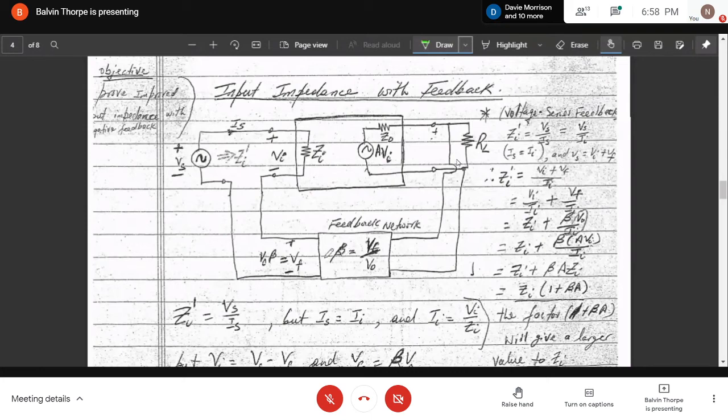This remains the same: VF is the output voltage of the feedback network, which is beta times VO. We know what VO is; VO is coming from this network.